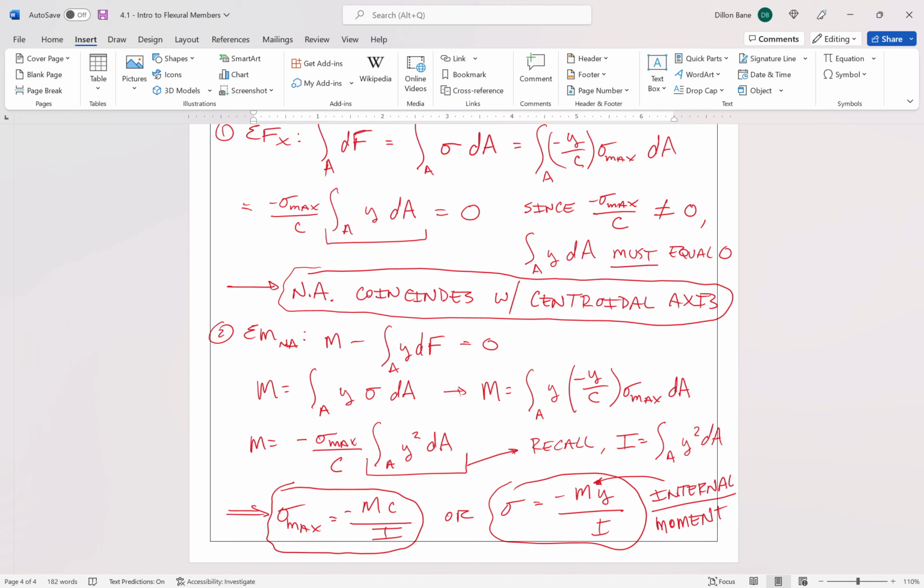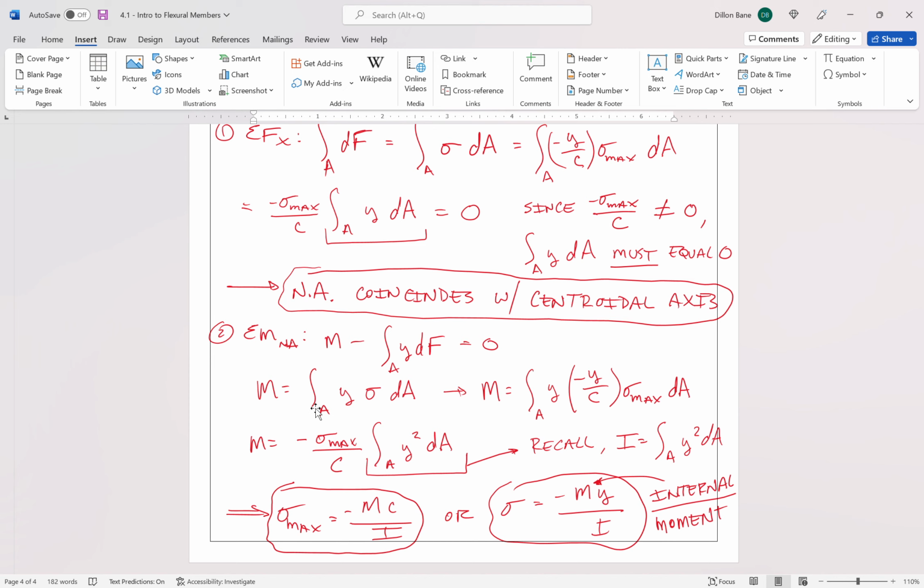Internal moment times whatever distance you're looking at divided by the moment of inertia will give you a bending stress. So that's going to wrap up this first video. This is just the derivation of our basic bending stress equation, sigma equals negative Mc over I. The negative sign just denotes whether it's going to come out to be a compressive stress or a tensile stress. But the variables are just M, c, and I.